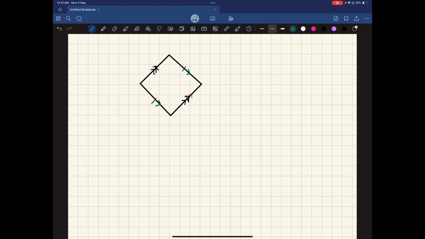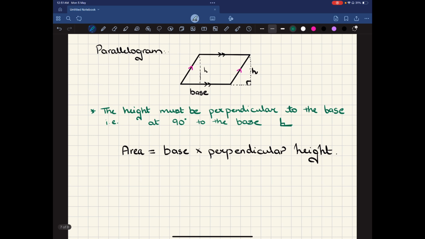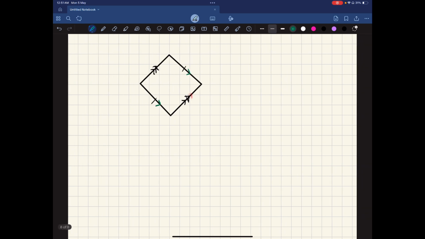A rhombus is a special type of parallelogram. So we're going to use the same formula to calculate the area as we've used in case of the parallelogram. A parallelogram has two pairs of parallel sides. If all the sides are equal, then it is known as the rhombus. Okay?